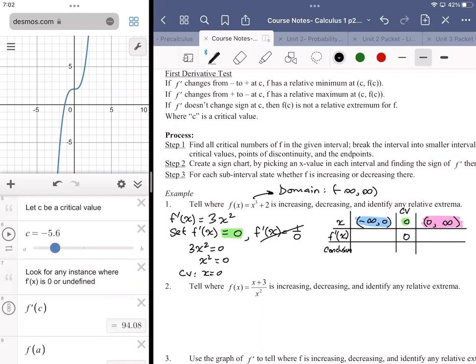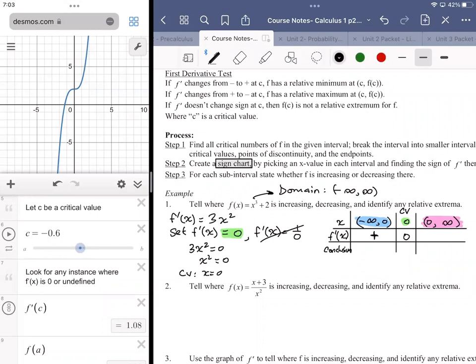This first derivative test involves creating what we call a sign chart that just designates the sign, not the numerical value, but the sign of the numerical value on certain intervals. So from negative infinity to 0, not including the 0, all these numbers are positive.